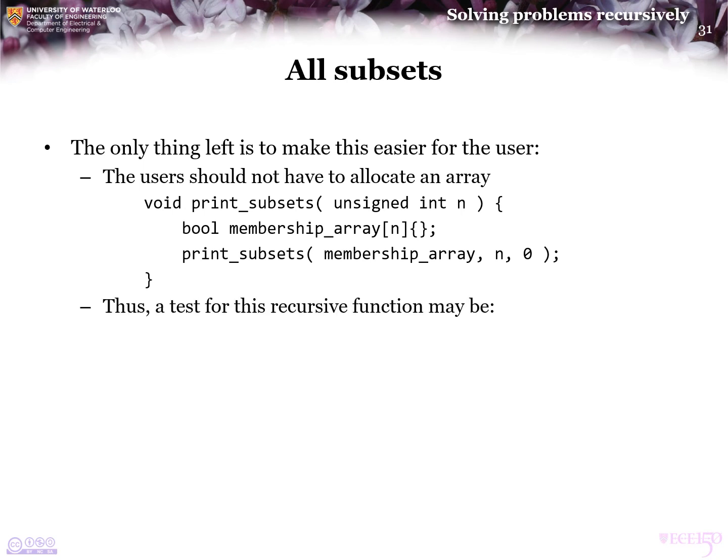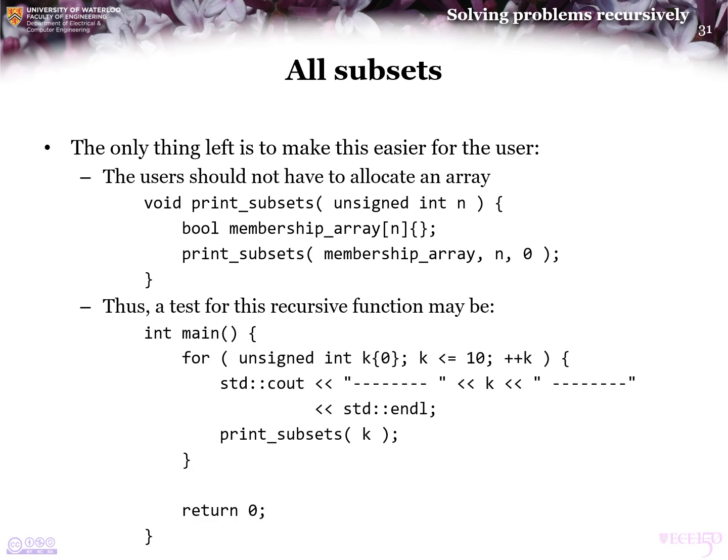Thus, a test for this recursive function may be as follows. Here I have a main function where k goes from 0 up until and including 10. I then just print some sort of demarcation line to indicate these are the subsets from 1 to k, and then I call print subsets with the argument k.